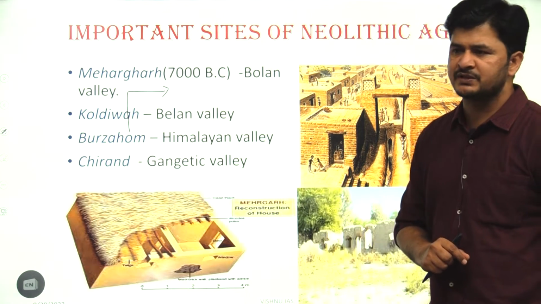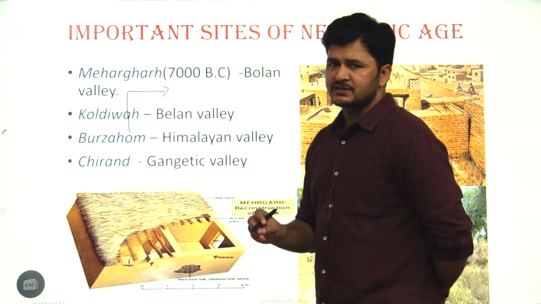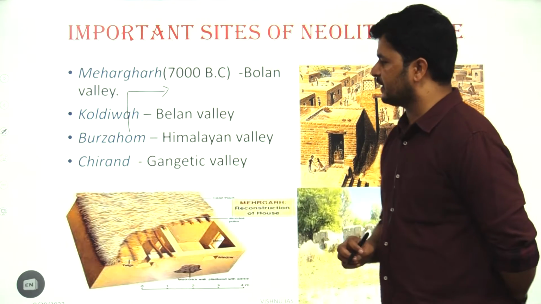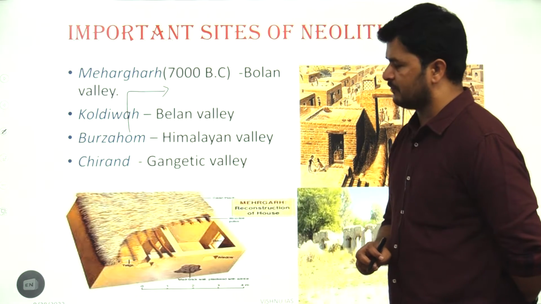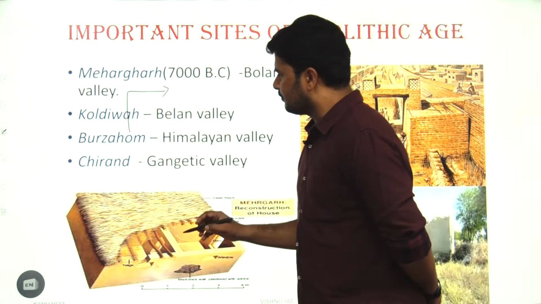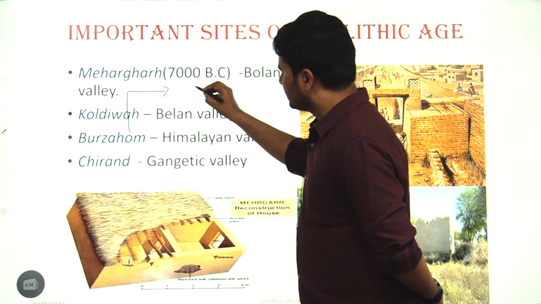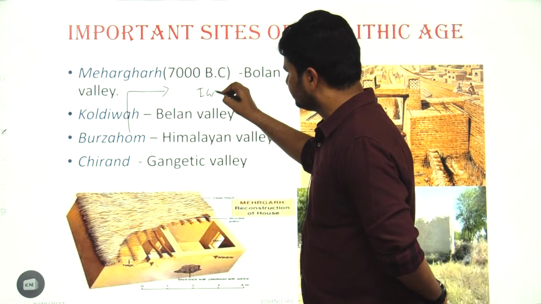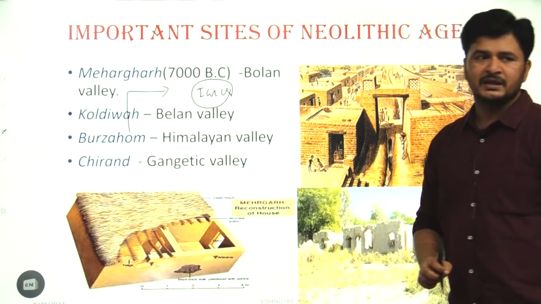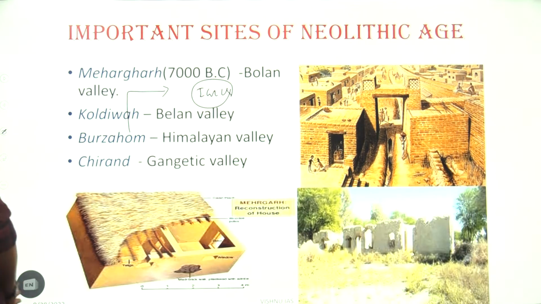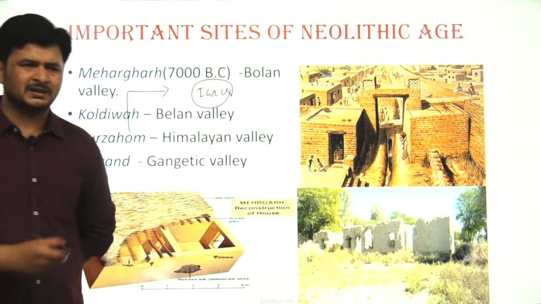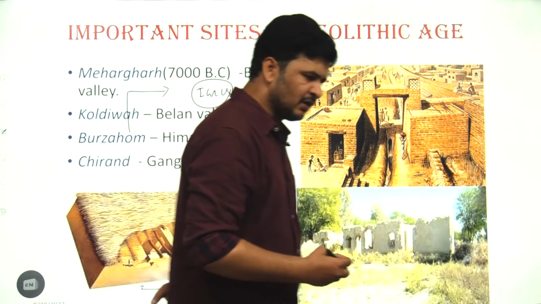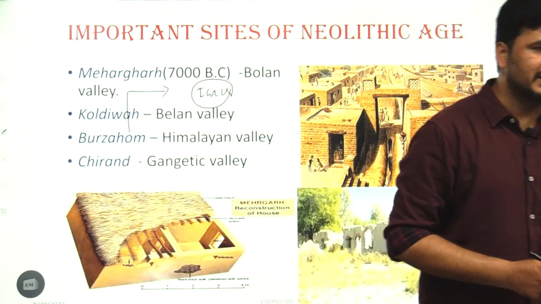Besides trephination practices, another significant aspect of Burzahom is that the people built houses not on the earth but inside the earth. The people of Burzahom constructed the so-called primitive houses not on the earth but inside the earth.